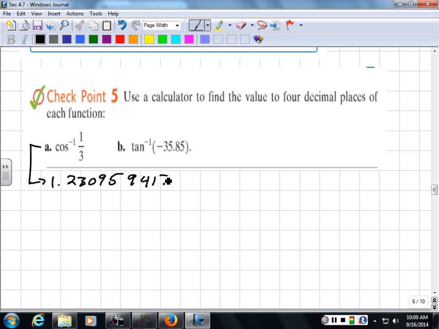And if I go ahead and round that to 4 decimal places, well, the 5 is going to round the 9 up, which means that this is going to be 1.2310. That's what we're going to round it to. So let's go ahead and find the inverse tangent of negative 35.85.